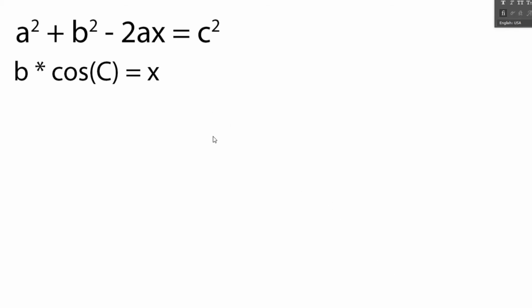I just typed this out so it'd be simpler to see. What we need to do is substitute this x for b times cosine of c, since it equals x.